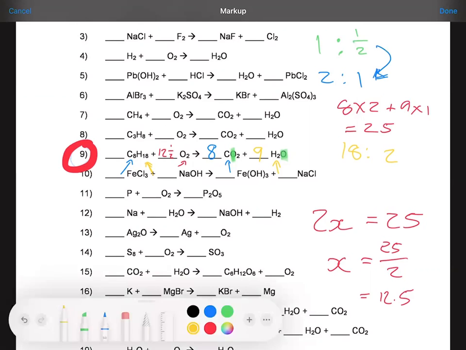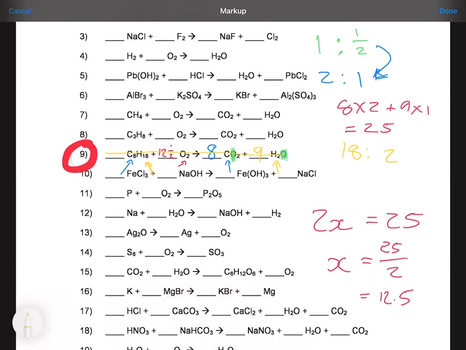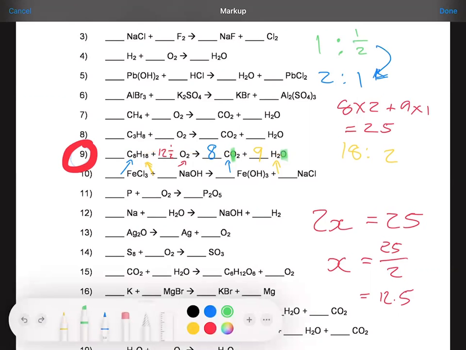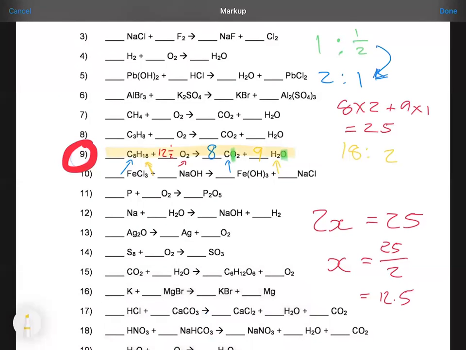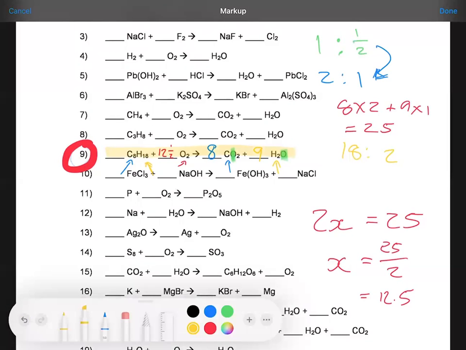So now have a look over here. I'm just going to quickly highlight this for you. What can you do to everything over here to make the one that is a half into a whole? Same as what you did in the top right-hand corner. Just remember what you did there.